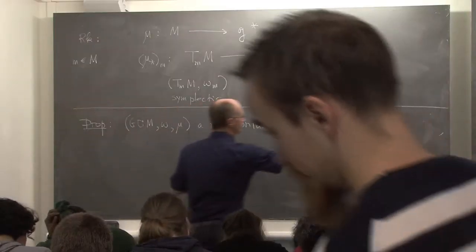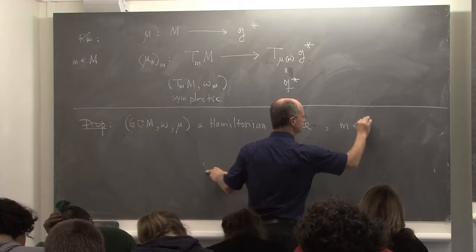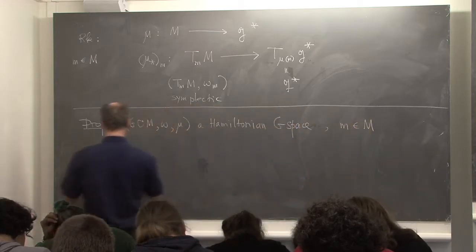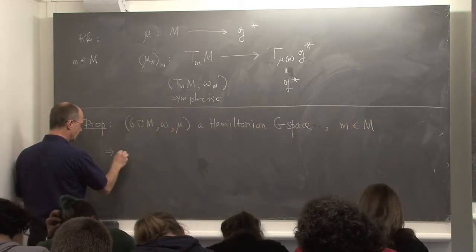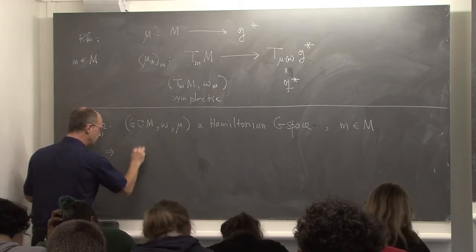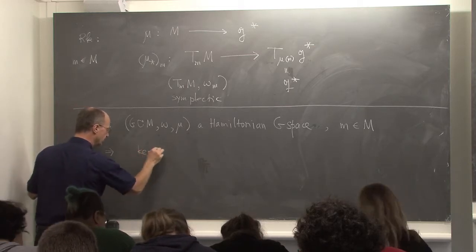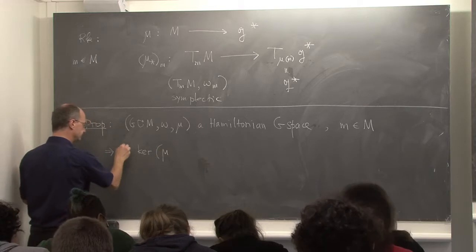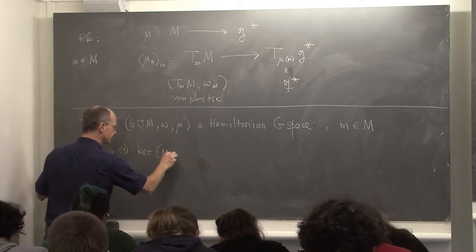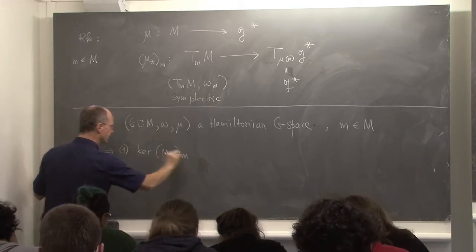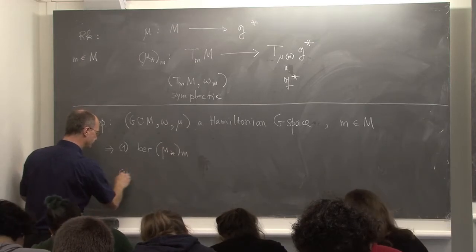And let's choose a point of the manifold. So then we can evaluate the kernel and the image of this map.